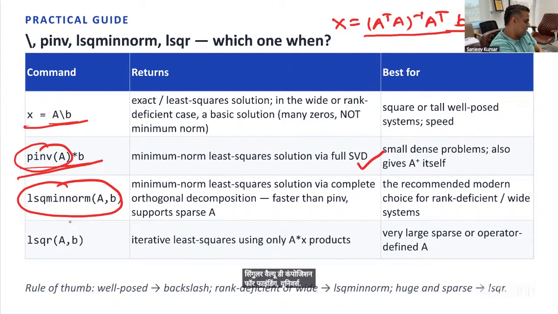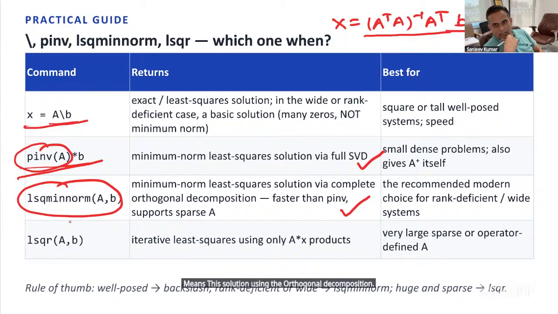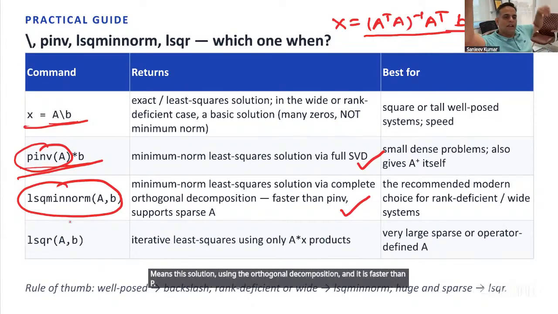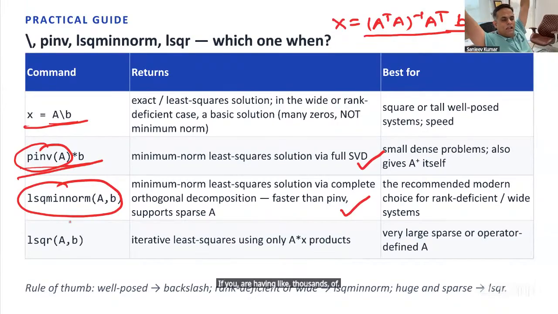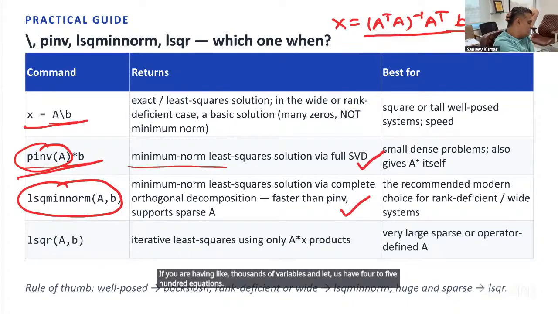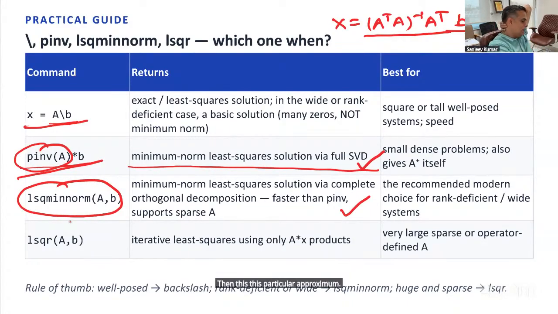Here we find the pseudo inverse, meaning this solution, using the orthogonal decomposition, and it is faster than pinv. If you have thousands of variables and, let us say, 400 to 500 equations, then the pinv approach might be slow. In that case, this is a better choice.